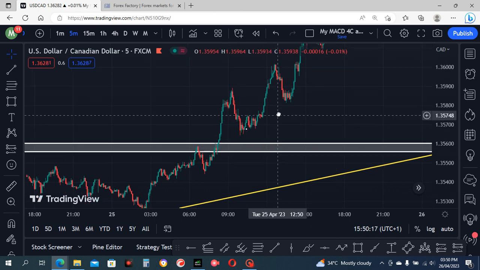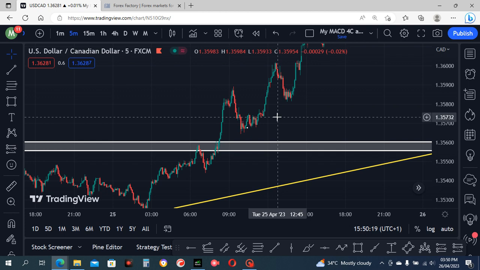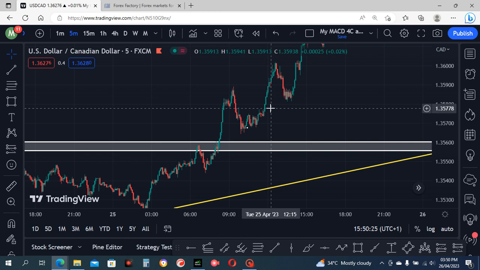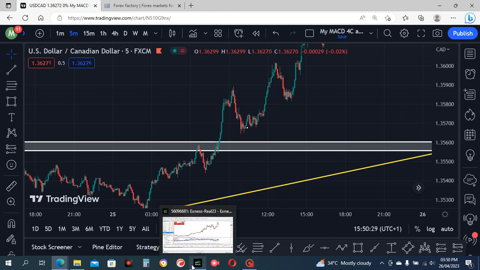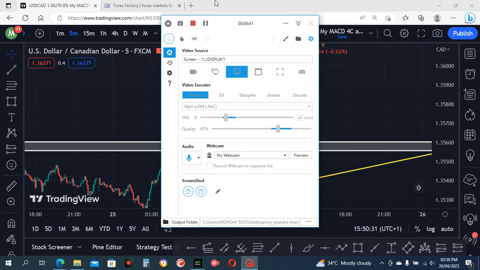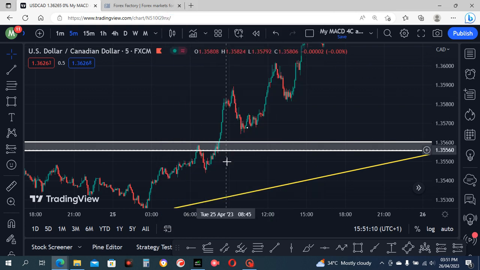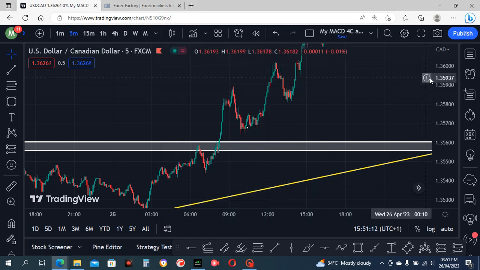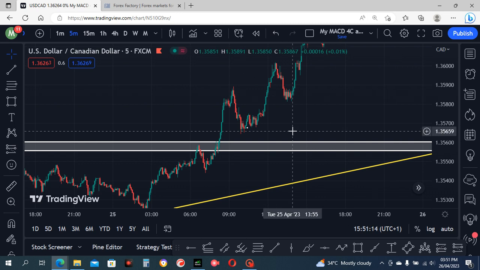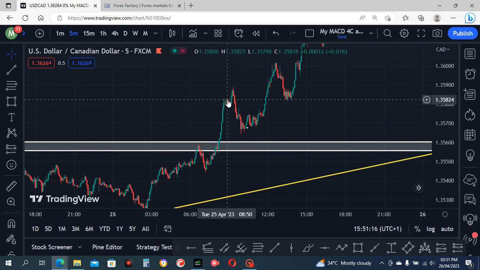So that's why I said a temporary move to the upside on a higher time frame is a very long push to the upside on a lower time frame.